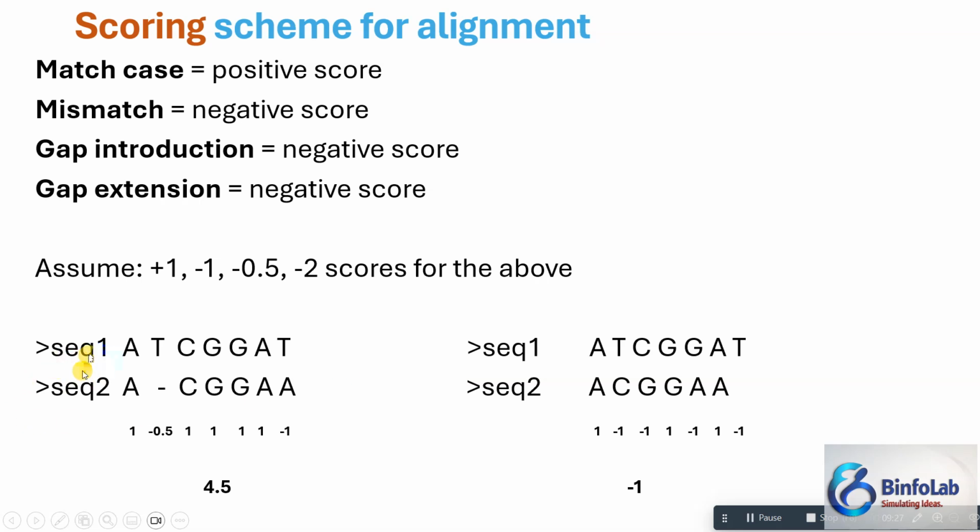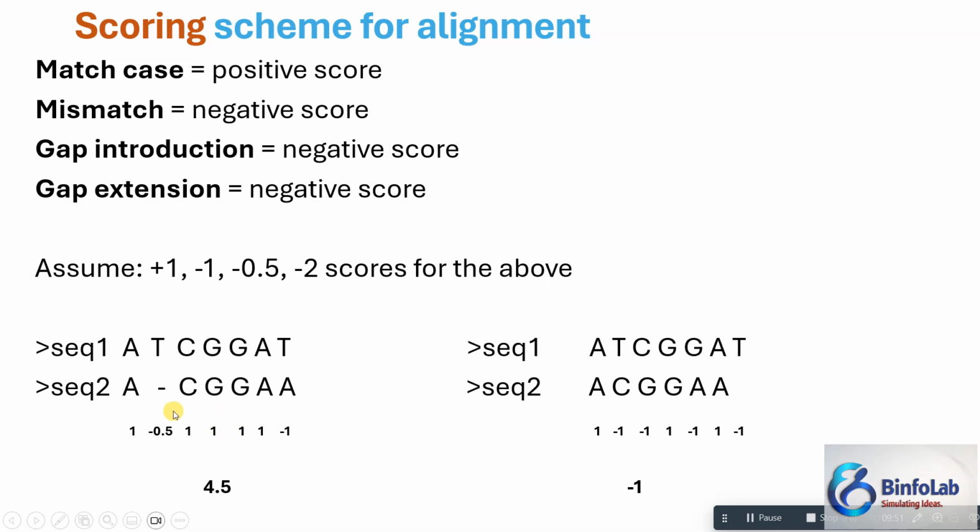Let's say this is sequence 1, ATCGGAT, and this is sequence 2. Now let's calculate the score. A is +1, because of the gap -0.5, +1, +1, +1, +1, and because of the mismatch -1.